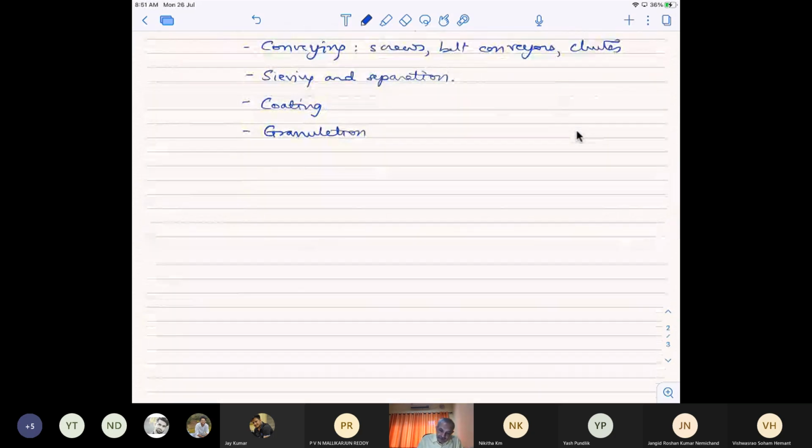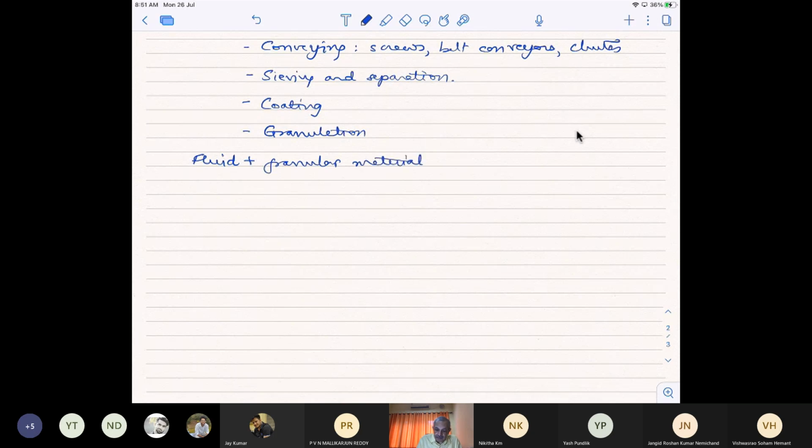And then when you have fluid plus granular material, so where fluid forces are also important, there are many examples. Fluidization is one of them, and I hope that towards the end of the course I'll discuss this.